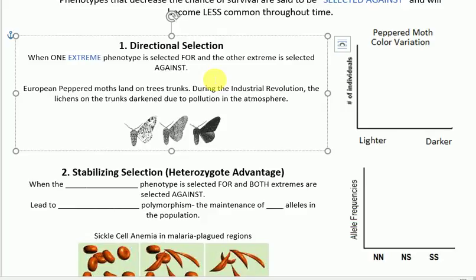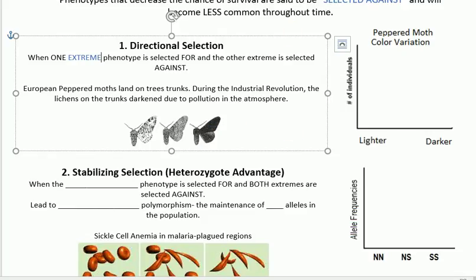And during the Industrial Revolution, the lichens on the trunks darkened due to the pollution in the atmosphere. So the phenotype that was selected against was what they originally were, which was the white pepper, and they are now darker. So here's our 2 extremes. Here's our against, and this is our for.